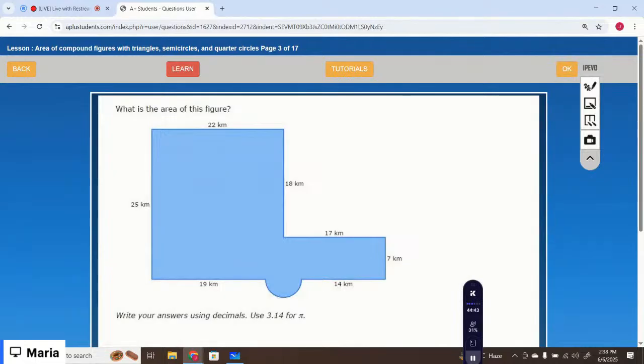Okay, you can complete the lesson by yourself. So today we were working on grade 7 math. The chapter we're working on is geometric measurement.